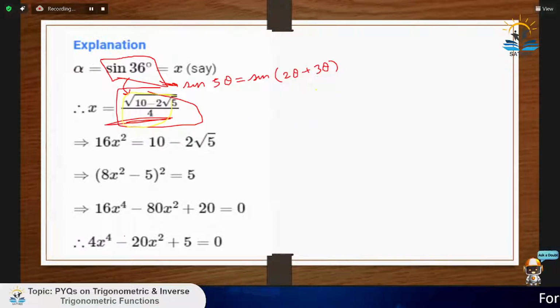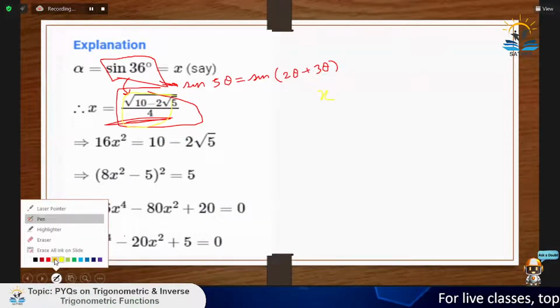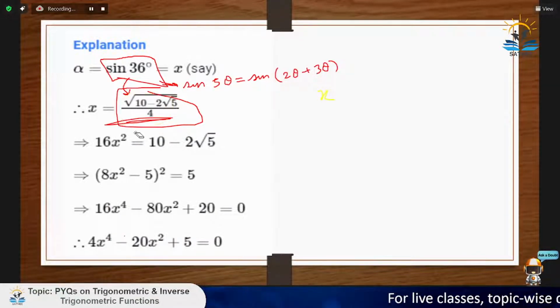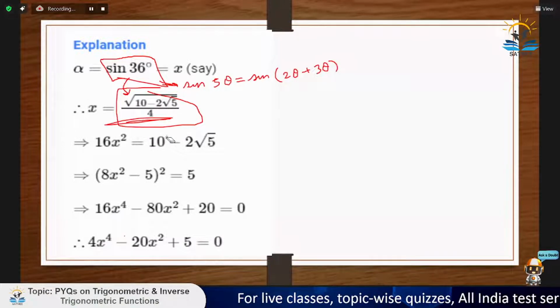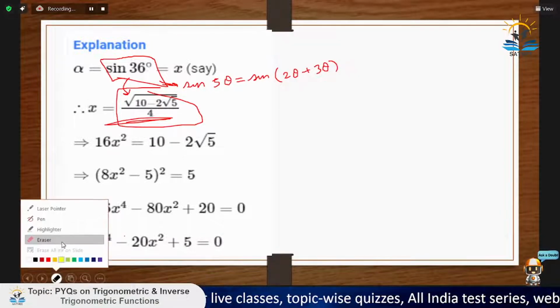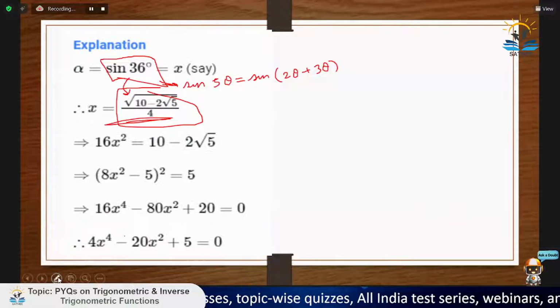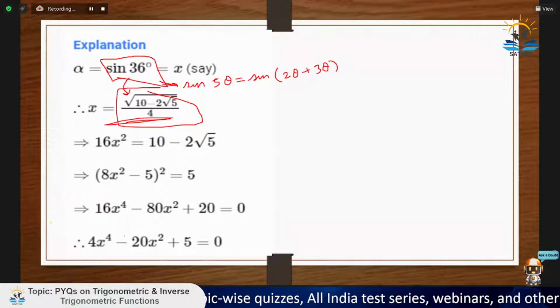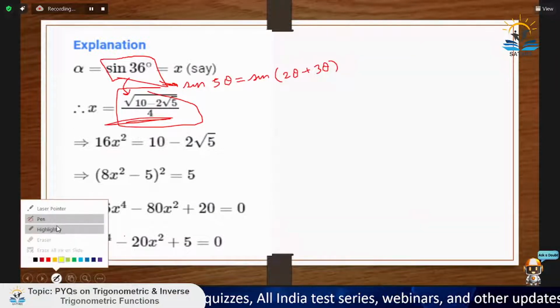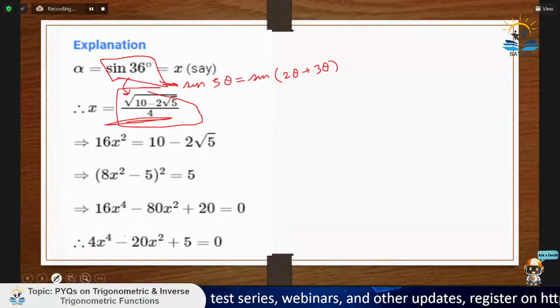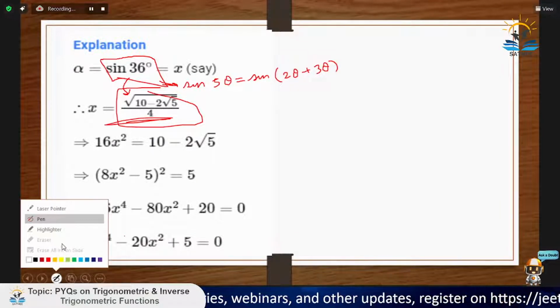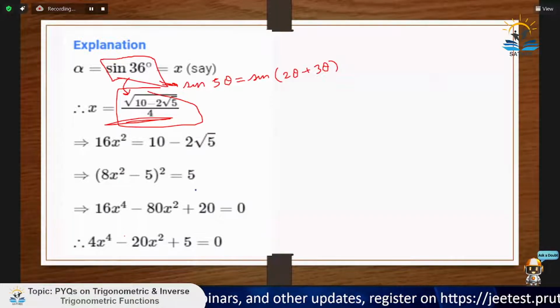Now it is simple. Since you know the value x is equal to, this is not visible. What happened? Okay, let me take this one.